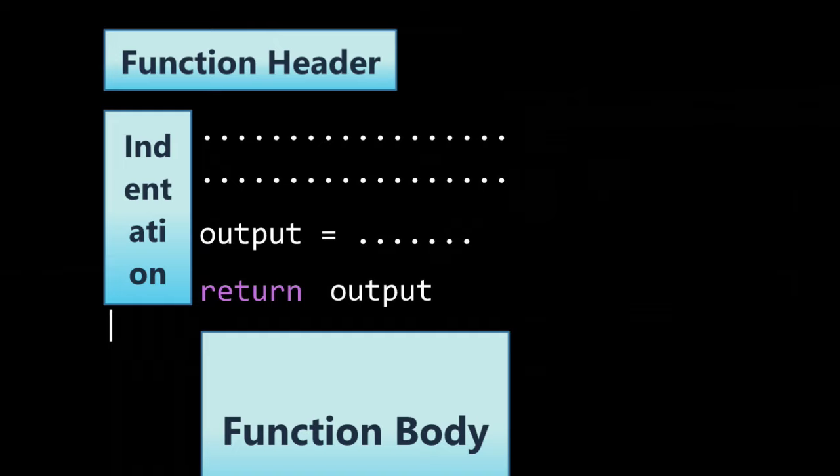When we complete the code, the bottom 2 lines are important. Write output is equal to whatever the values that you have obtained from the above lines of code, and then return, a keyword that you have to write down, is equal to output. So we write down return output.